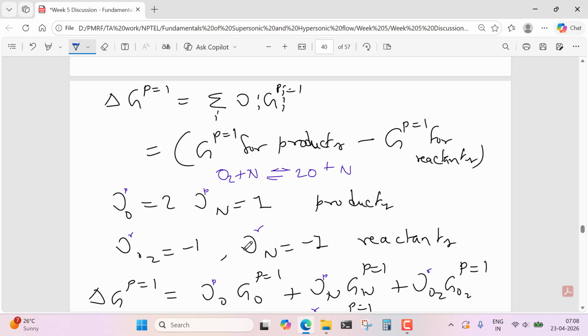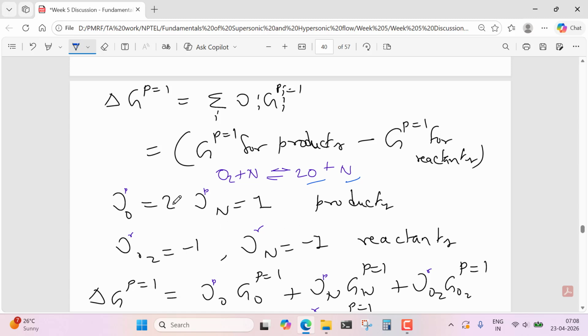Now we have one reaction, which is O2 plus N gives 2O plus N. What are the products? The products are O and N. So nu O for the product will be 2 and nu N for the product will be 1. Nu O2 for the reactant will be equal to minus 1 because it is a reactant, and nu N for the reactant will be minus 1.